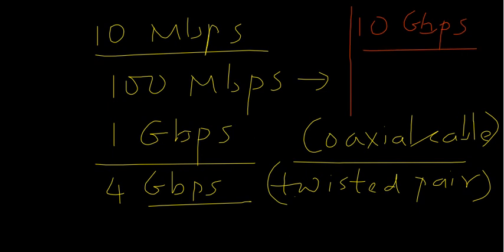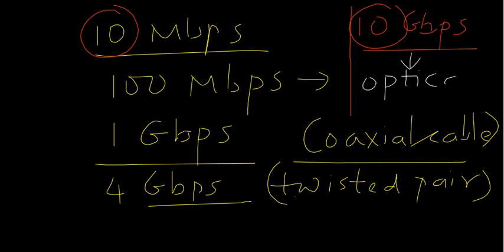See, we started from 10 Mbps till 10 Gbps, and when I say that it is 10 Gbps, you can definitely understand we use optical fibers. Optical fiber communication is the fastest available wired communication now, right?